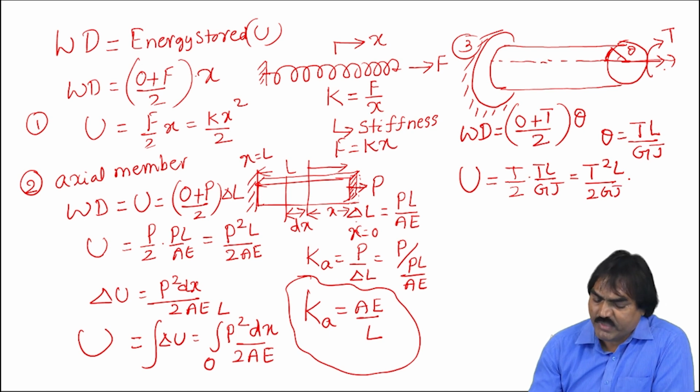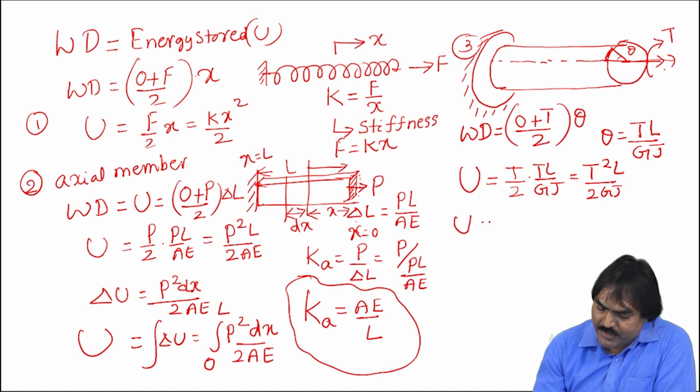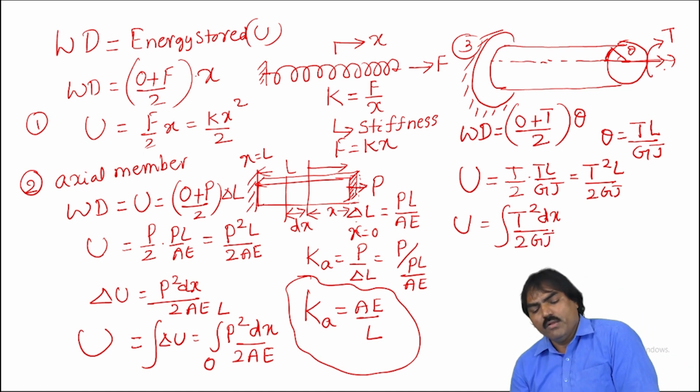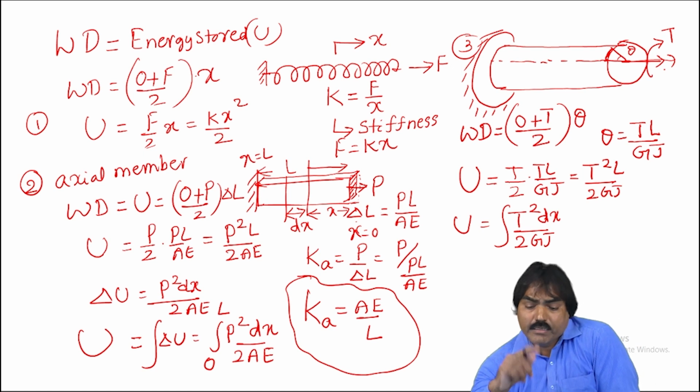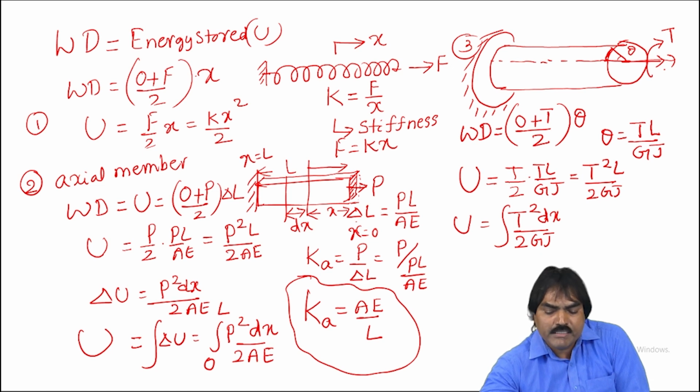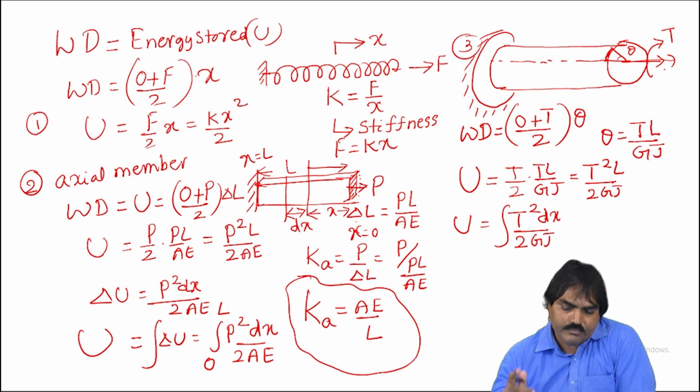If we keep this in integration format, that becomes integration of T square into dx by 2GJ. Okay. So here also, whether the torque is clockwise or anti-clockwise, the energy will be always a positive quantity because the energy is a square of the applied load, that is torque.